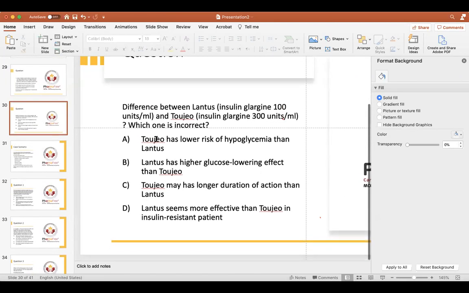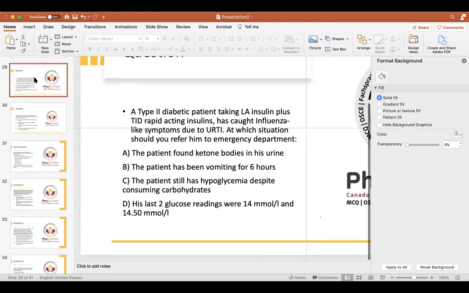Next question. Difference between Lantus... when to refer to the physician? Yes. When we refer the patient to the physician: when the patient finds ketone bodies in his urine. This is number 1.